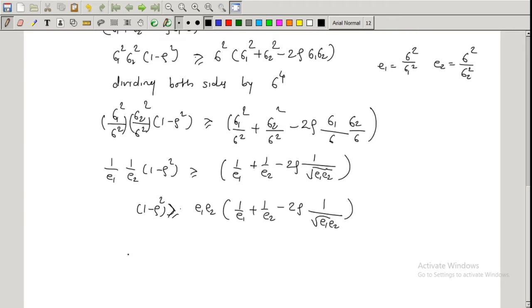Multiplying inside, terms get cancelled, and we get 1 minus rho square is greater than or equal to E2 plus E1 minus 2 times rho square root of E1 E2.